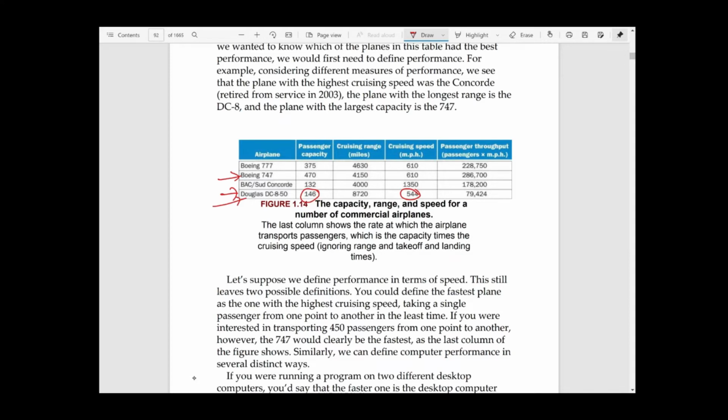So I should go for the fastest computer, the one which can execute much faster. But if I have multiple tasks, like millions or thousands of tasks that I have to execute simultaneously, in that case the important thing is not just execution time.